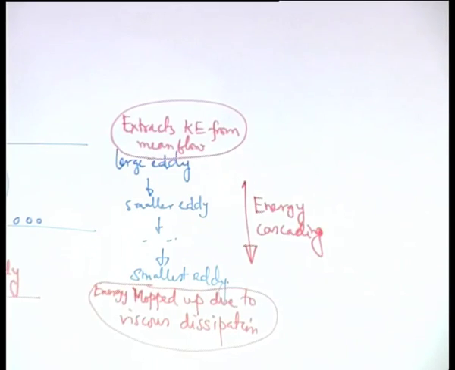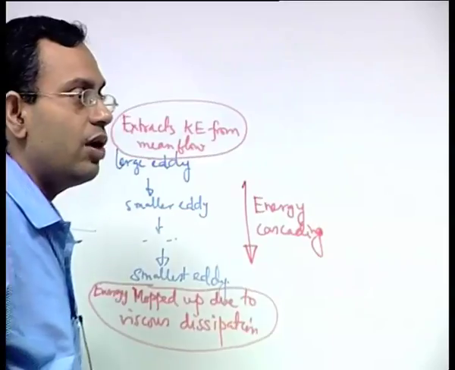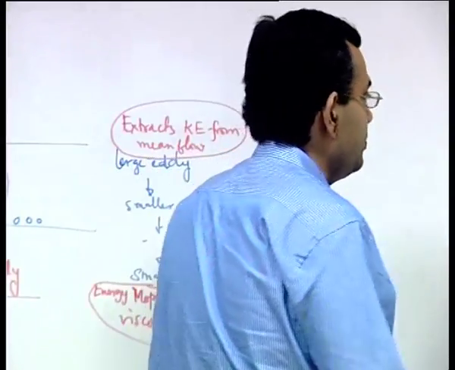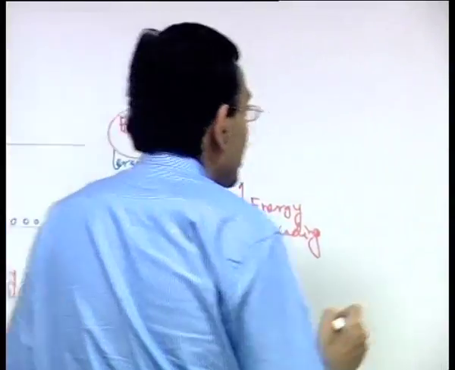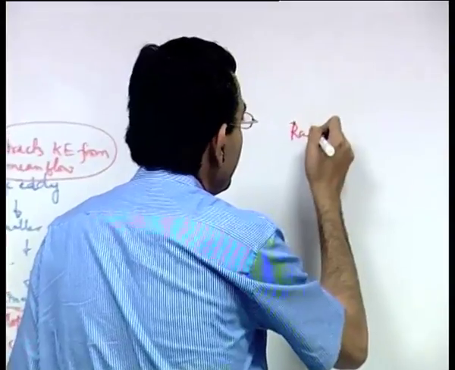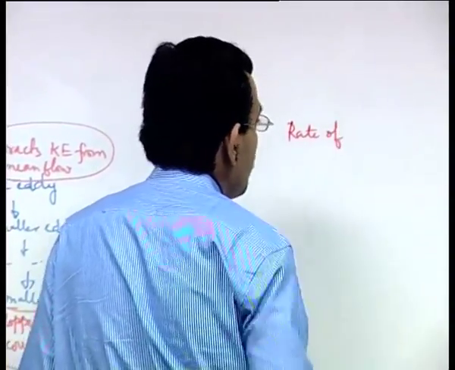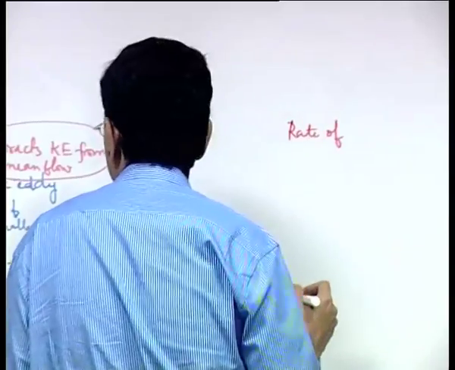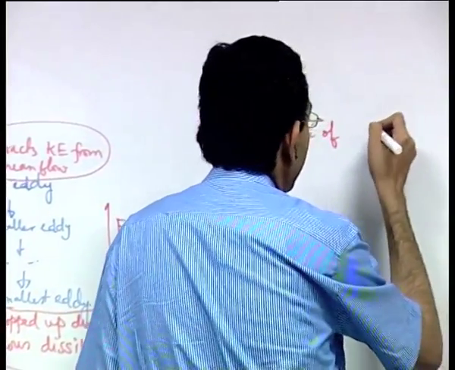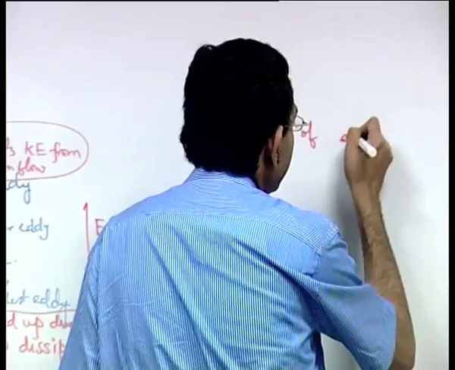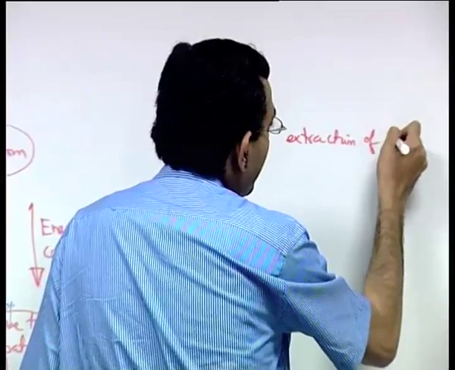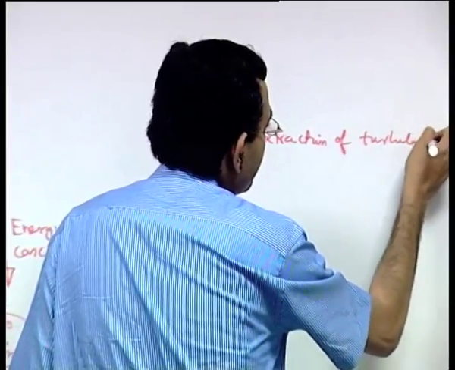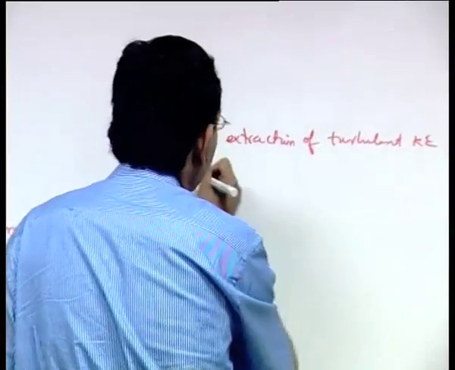To understand how different length scales are involved with this energy cascading mechanism, let us first write the rate of extraction of turbulent kinetic energy from the mean flow.